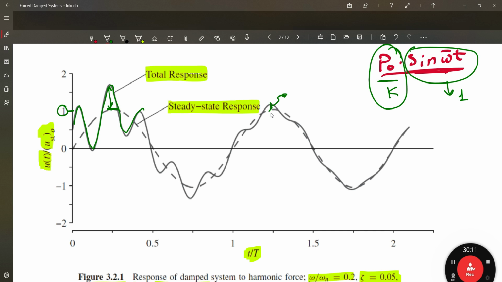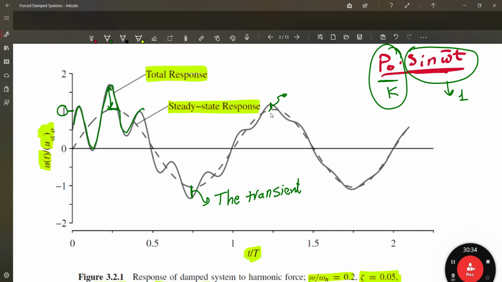Why? Because, as we said before, the difference between the two is the transient state. This difference is the transient that is going to vanish, to decay. It is the term that we were talking about.